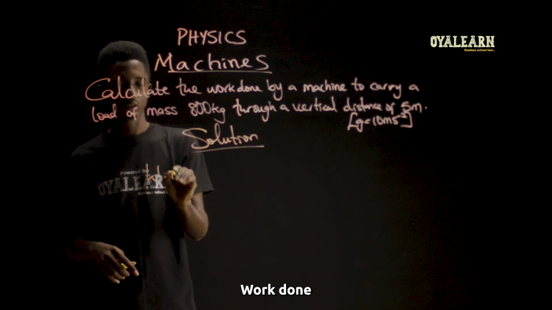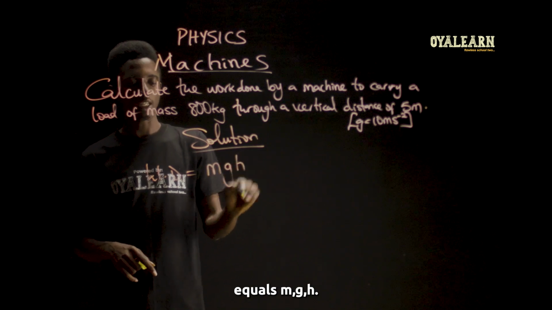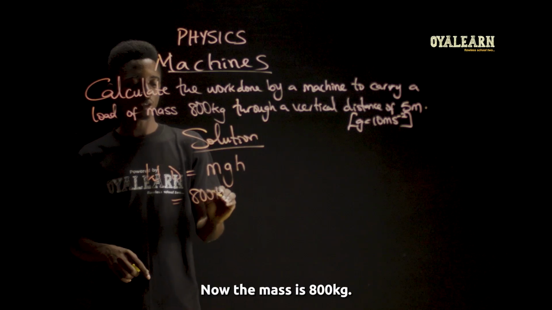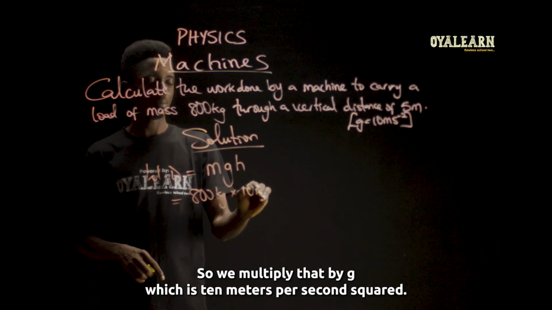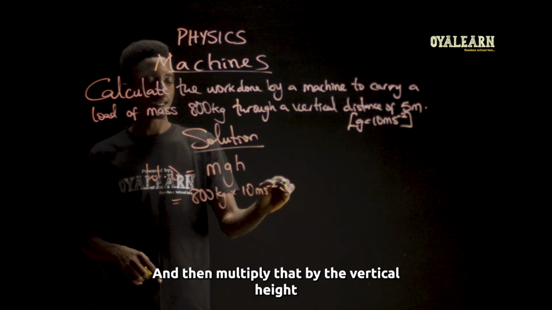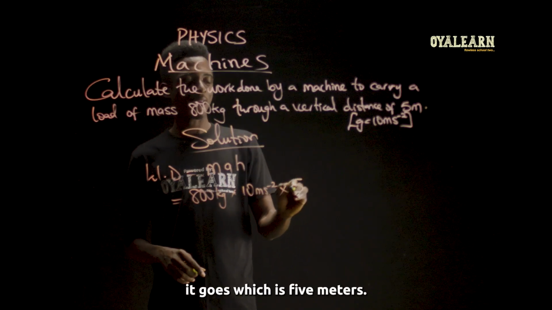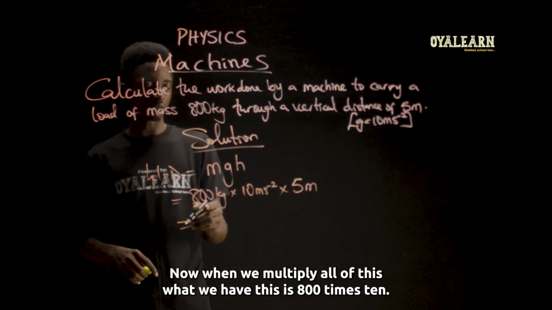So here's the solution. Work done equals mgh. Now, the mass is 800 kilograms. So we multiply that by g, which is 10 meters per second squared, and then multiply that by the vertical height it goes, which is 5 meters. Now, when we multiply all of this, what do we have?